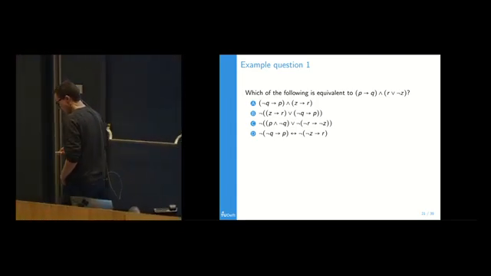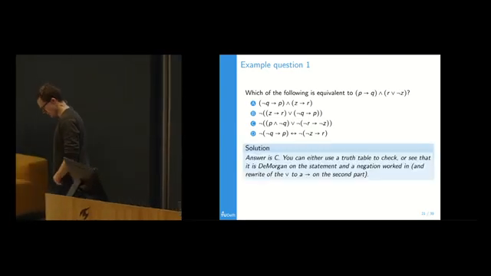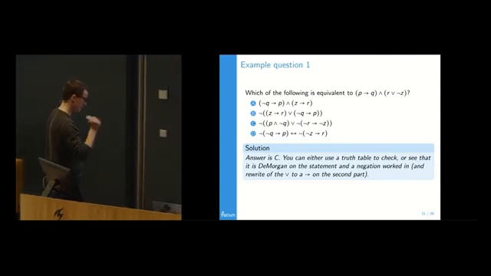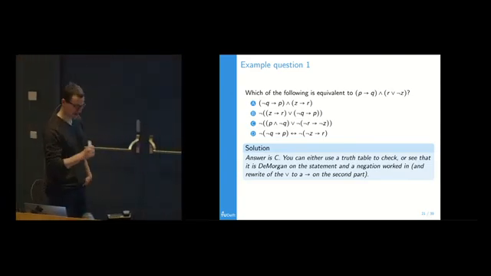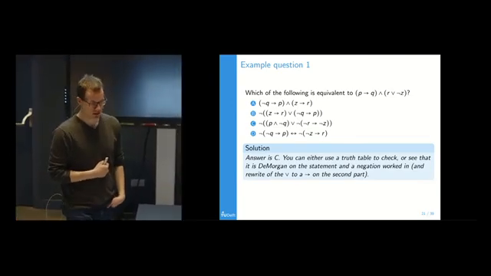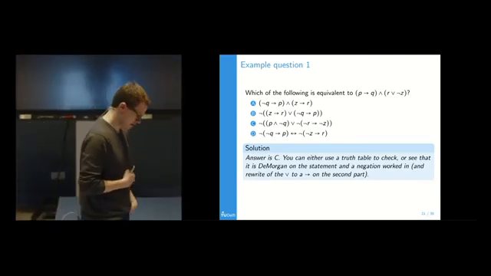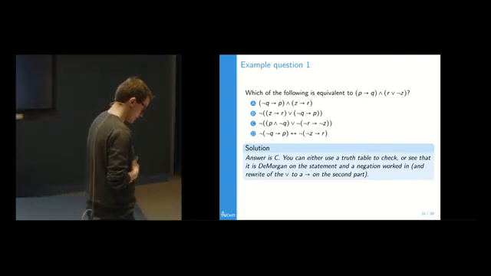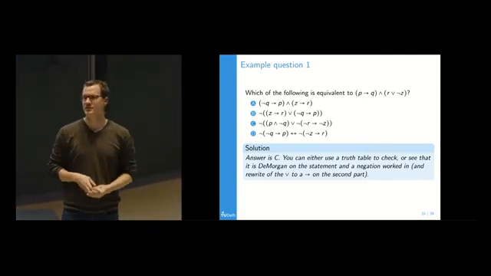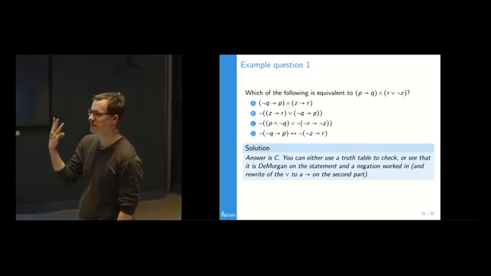But we can also think about it, and rather than doing all the work, if we study the equivalences, which hopefully you will do before the test, you can solve this question a lot quicker by recognizing that answer C is the right answer, and all I've done is applied 3 equivalences.